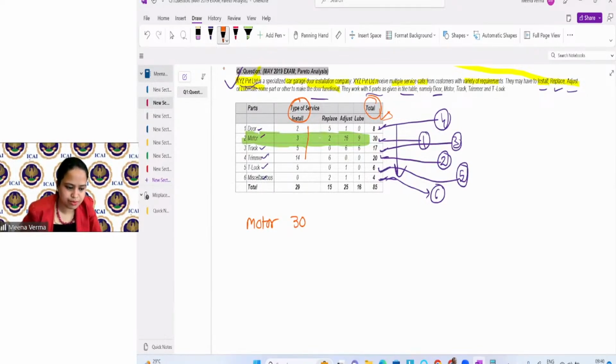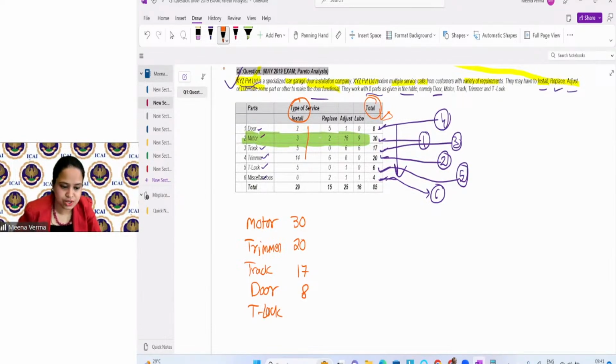Then after that, trimmer. Arrange them in descending order. What is the value? 20. Then track, 17. Then door, 8. Then T-lock system, 6. These are all parts, and we have to solve it for the parts.